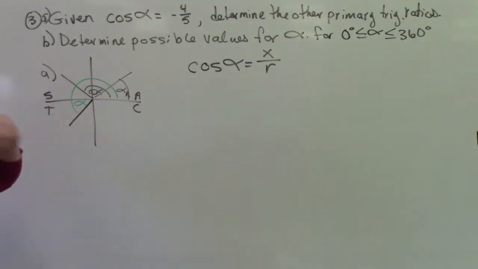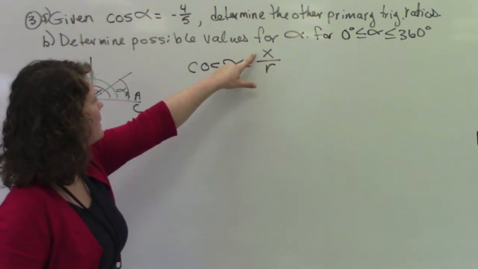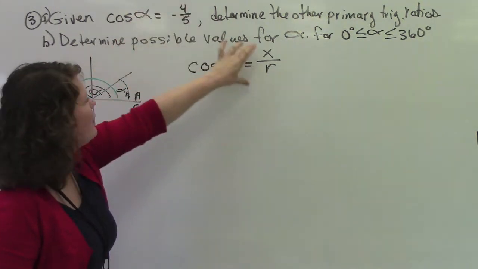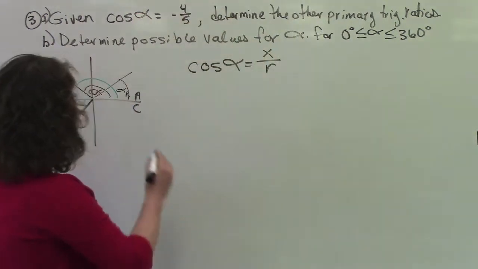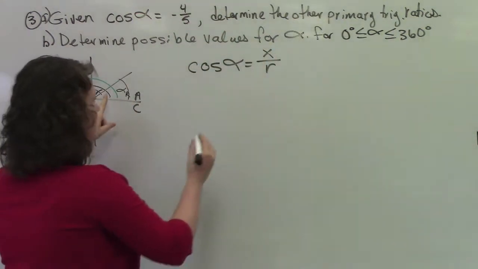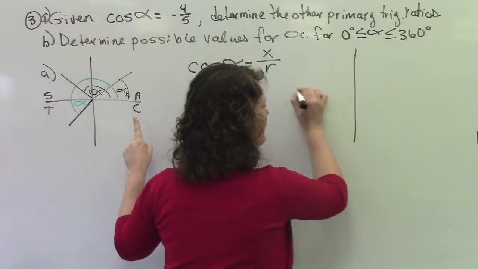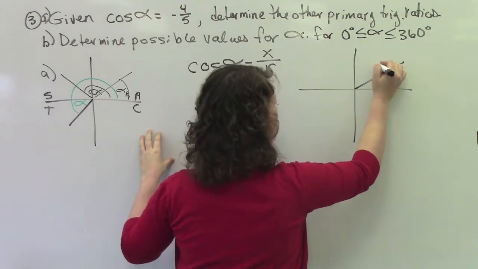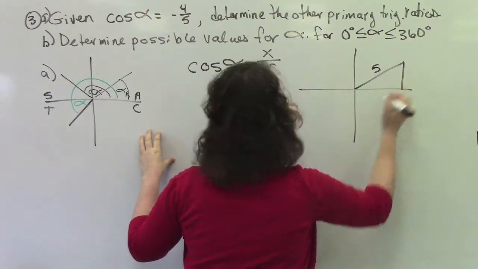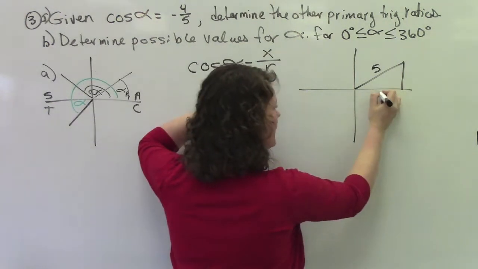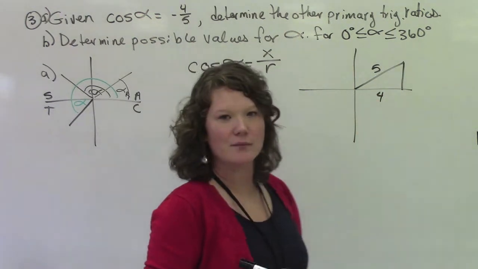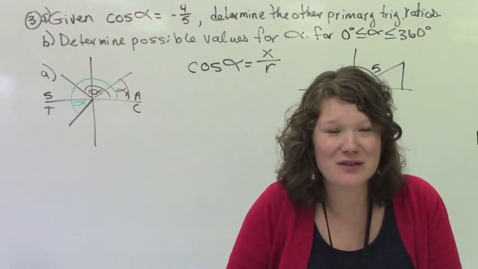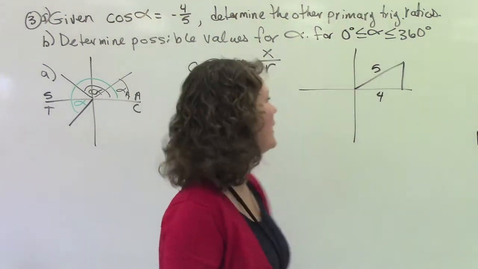If we look at the reference angle, our radius is going to be 5, and our x value is going to be 4.